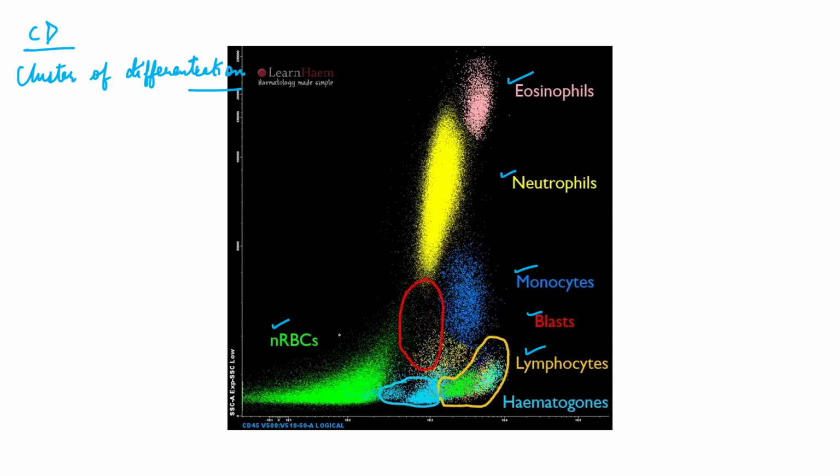All these occupy different regions of the graph. Here we have our side scattering angle, SSC, and here on the x-axis we have our CD45 marker.